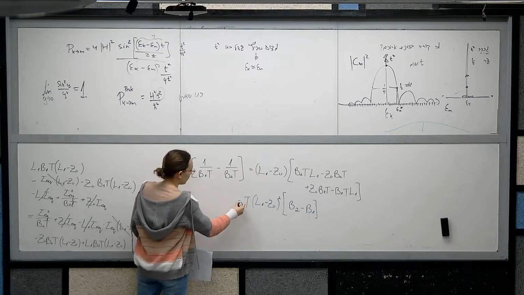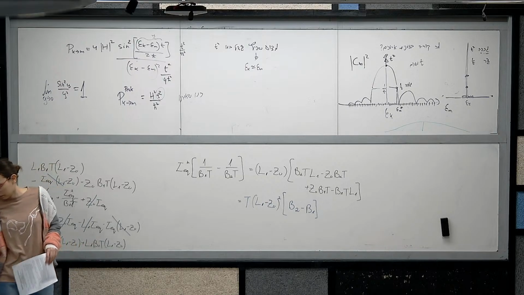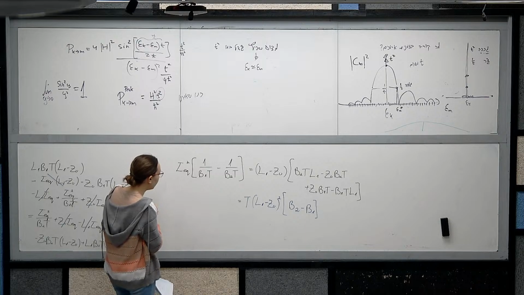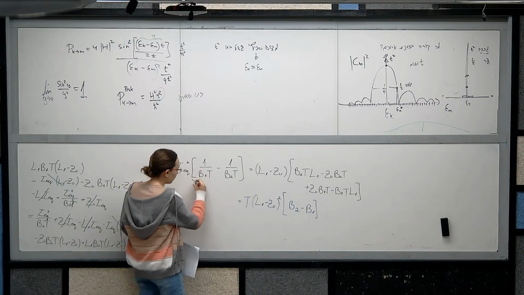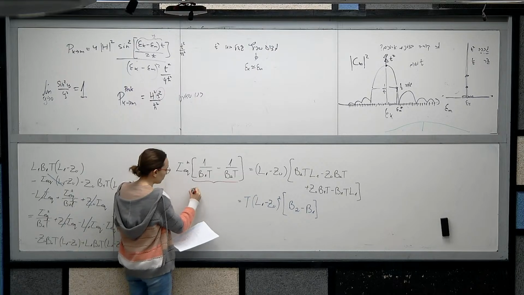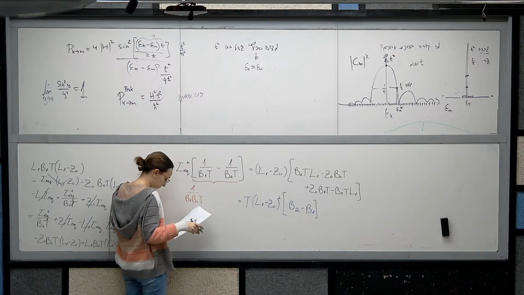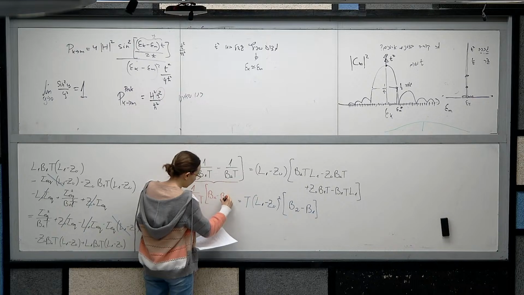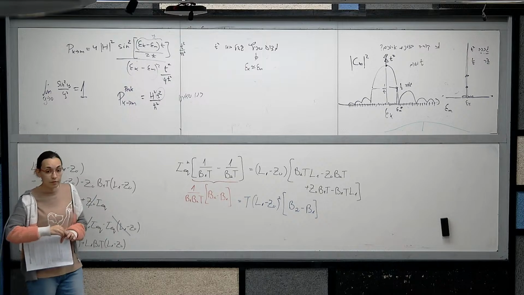This is equal to this. But you can also do the same for this one, right? So this is equal to 1 divided by B1 B2 T times B2 minus B1. Okay?